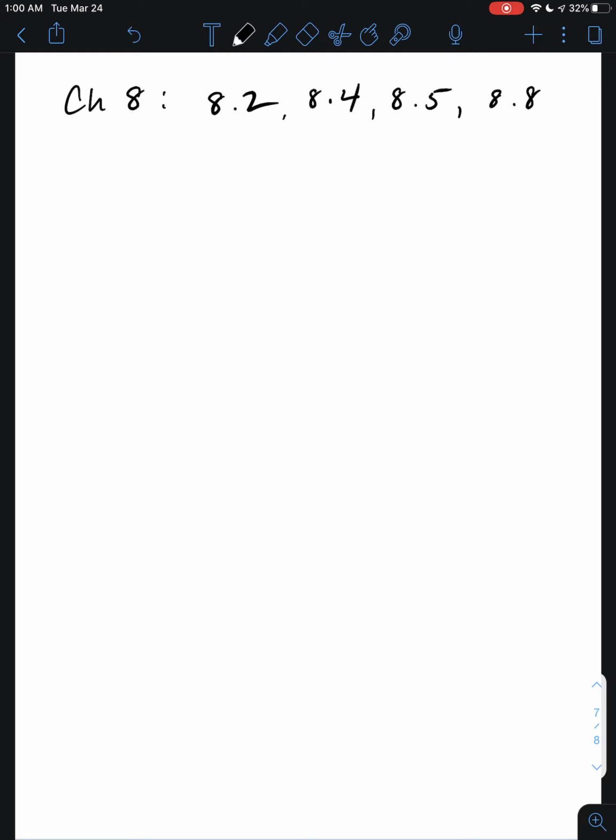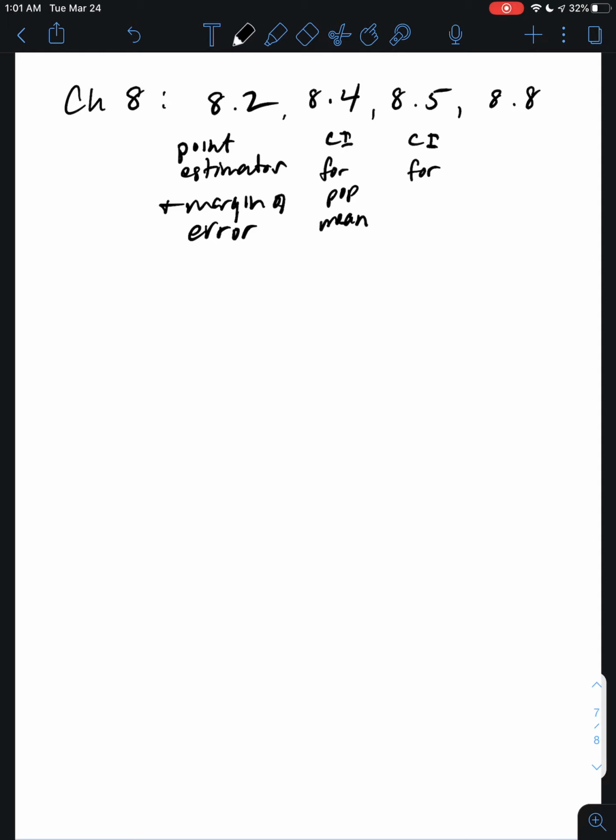So that is point estimator and margin of error, CI for population mean, confidence interval, of course. 8.5 is the CI for the difference between two population means.